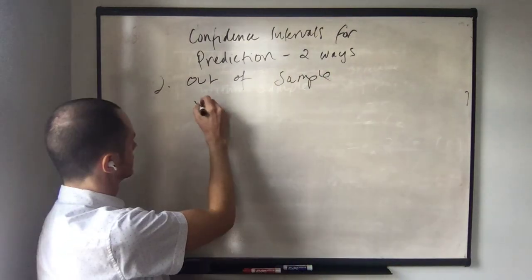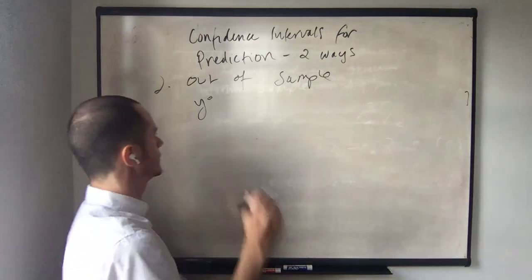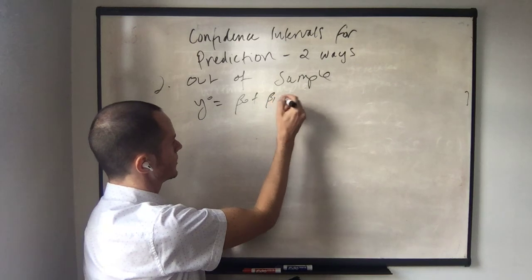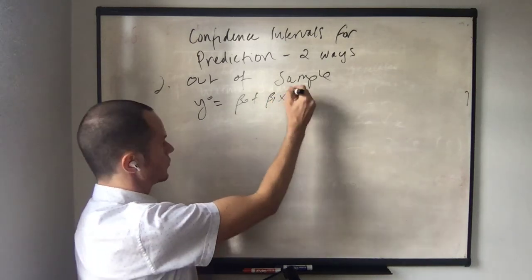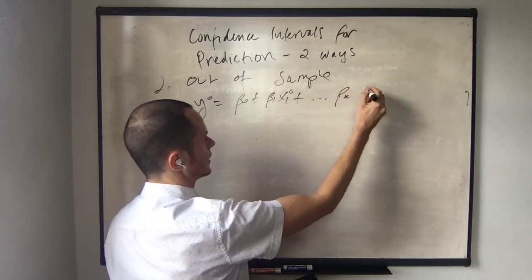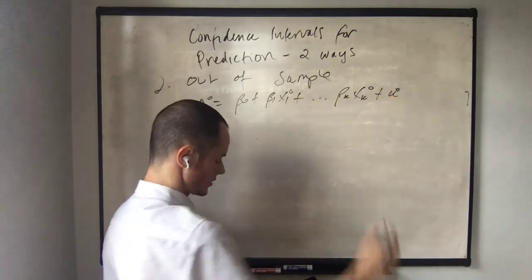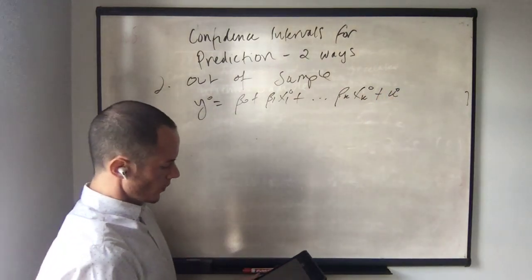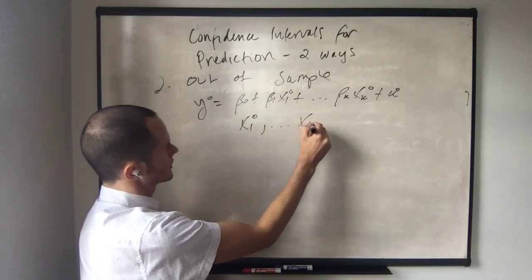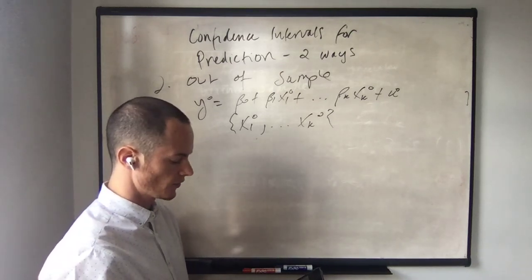So this may be a value y0 that we want to predict that's equal to beta naught plus beta 1 x1 0 through beta k xk 0 plus u 0, where the x1 0 through xk 0 represent the new values for the independent variables.